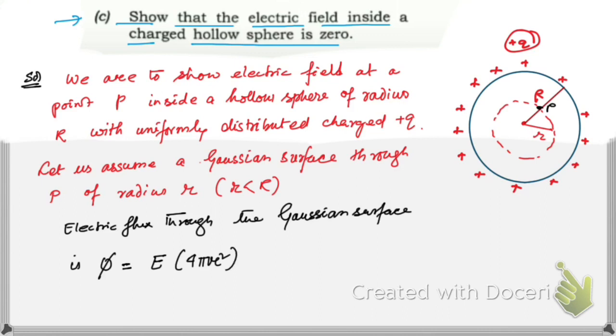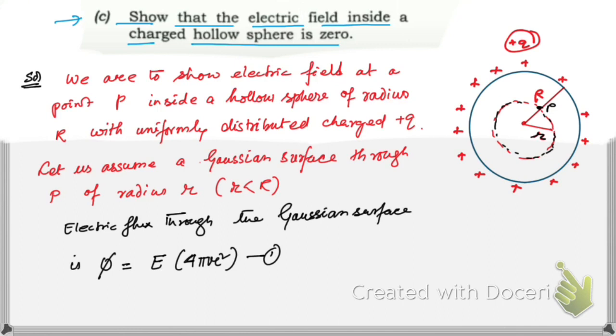Because here you see we have taken the Gaussian surface also spherical and its radius is small r, and the surface area of a sphere is given by 4 pi r square, right? This is the flux. This is number one, suppose.